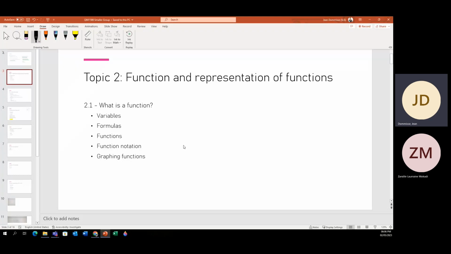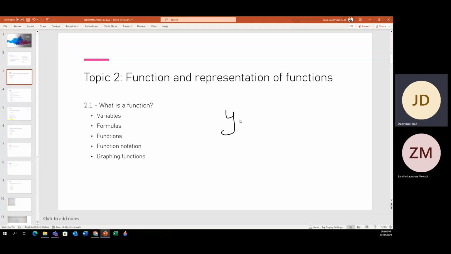We can get different types of functions, which nearly covers formulas. In a function, there might be variables like an x and a y variable, depending on what we need to work out and the information that they can give us.